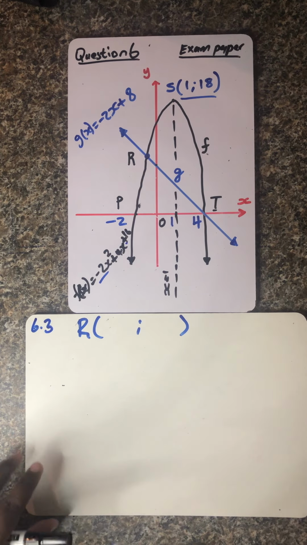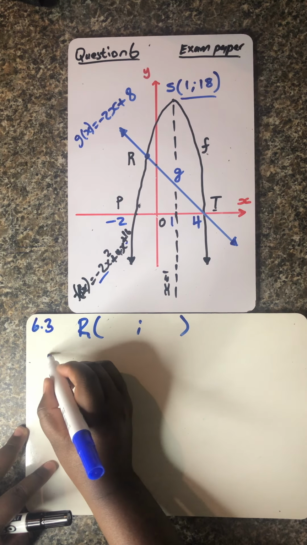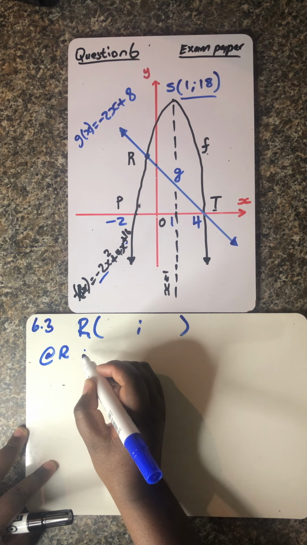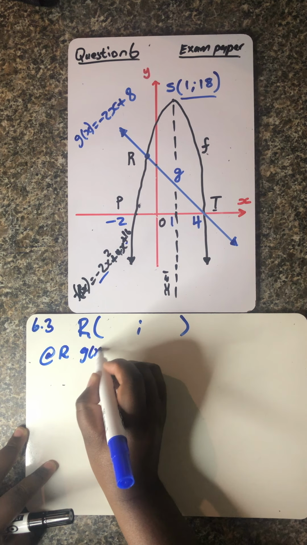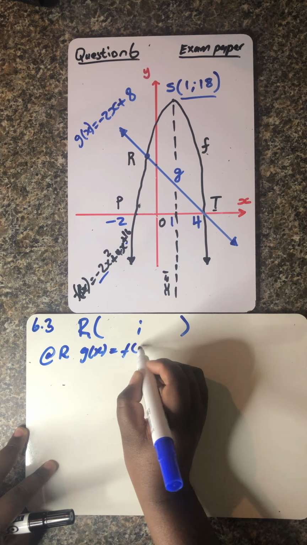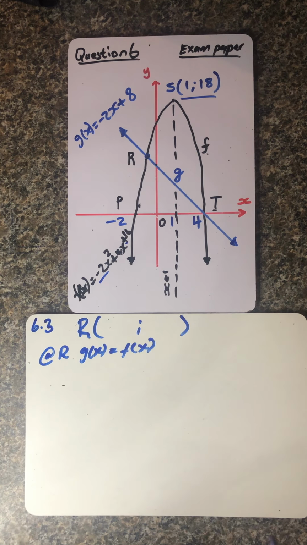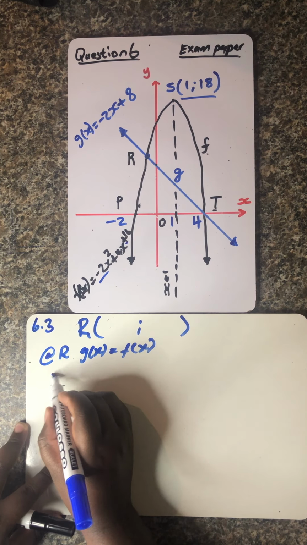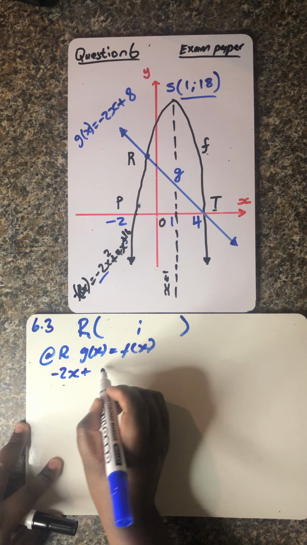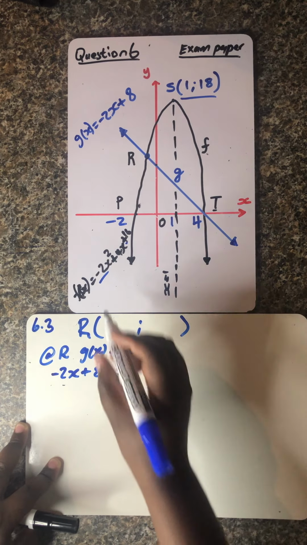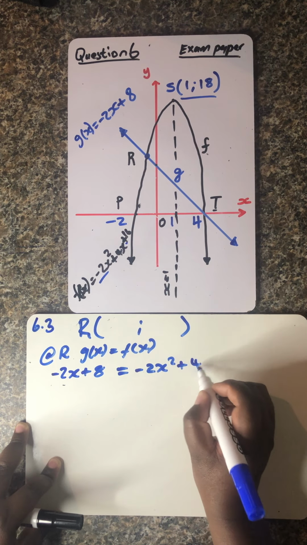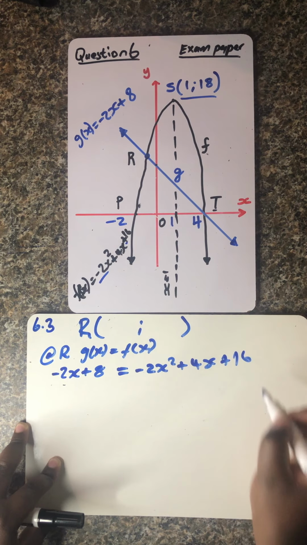So obviously we know at point r, that's where g of x is equal to f of x. This is a very massive step, ladies and gentlemen, because you just equate the 2 equations and solve. It's equal to minus 2x squared plus 4x plus 16.